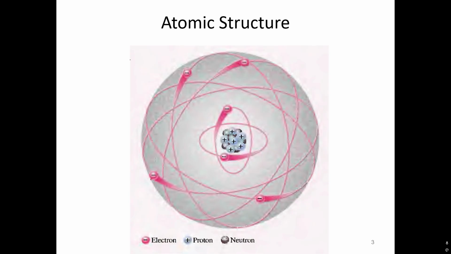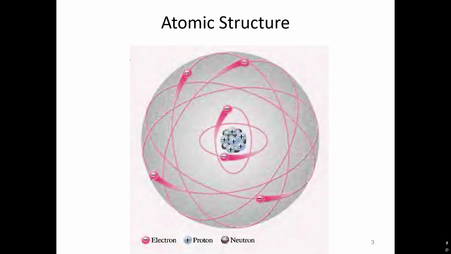The nucleus is made up of two types of particles: proton, which is positively charged, and neutron, which is neutral, without any charge. The electrons are negatively charged.